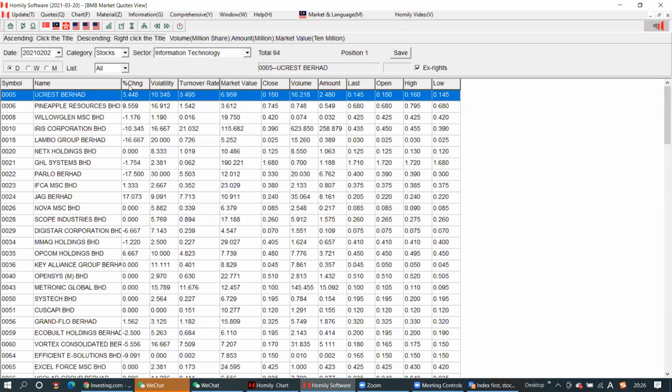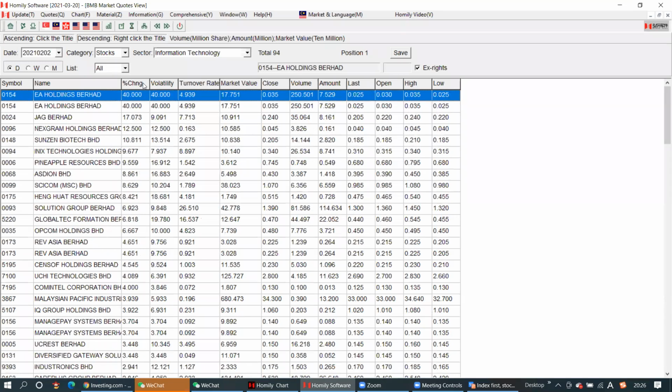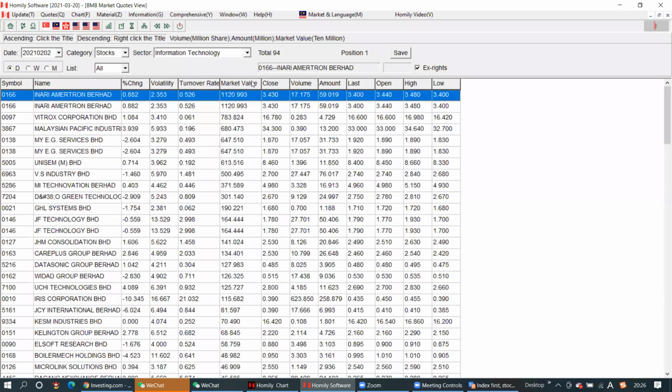So we can see that today it has already increased much. We can see which one has increased much, and even the market value, like Inari. If one day you find that some similar shares from the same sector have already increased, it means that this sector is starting to go strong.